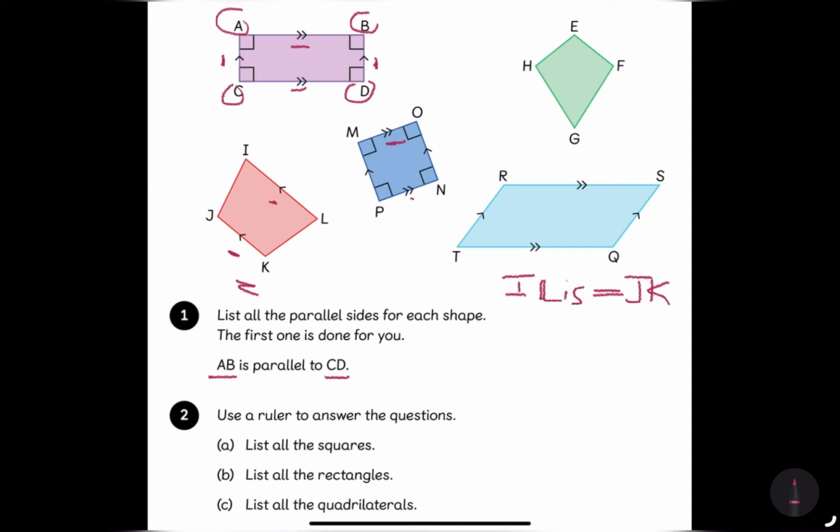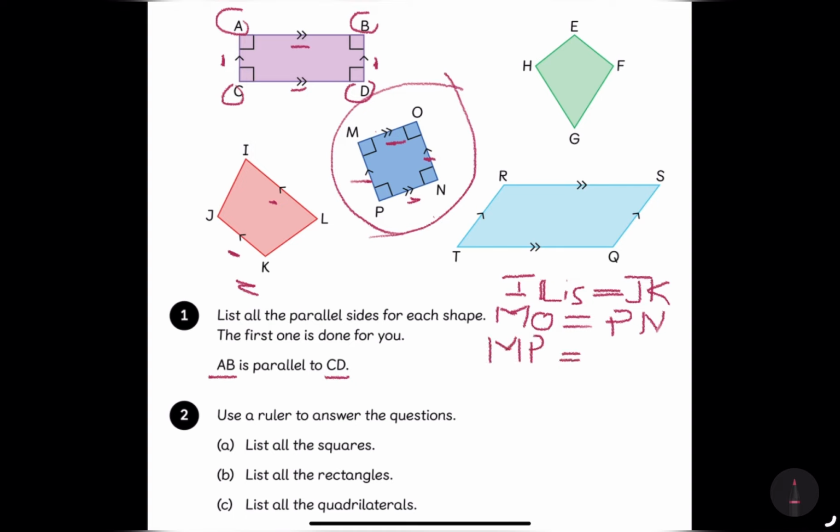I'm coming to this figure. I've got two sets of parallel lines. So I have these two arrows which are depicting who is parallel to whom. So I will say MO is parallel to PN, right? Two arrows to two arrows. And MP is parallel to ON, right?